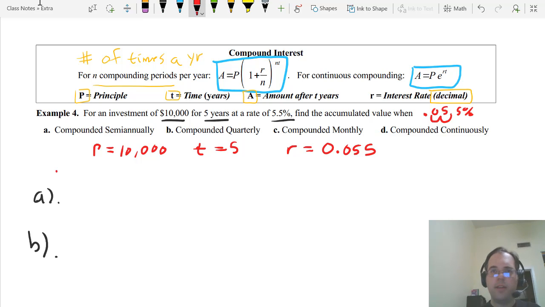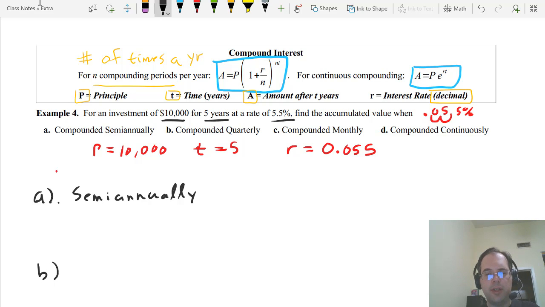Alright, now we can plug all this information into the formula to calculate it. We do need to talk about the semi-annually situation, though. Semi-annually means that it's being paid 2 times per year. So for the formula, we're going to have n equal to 2.